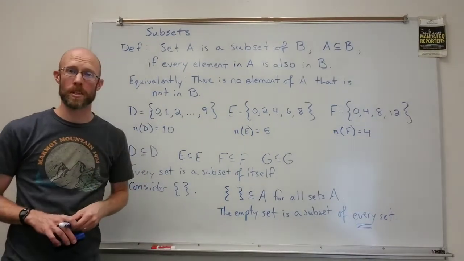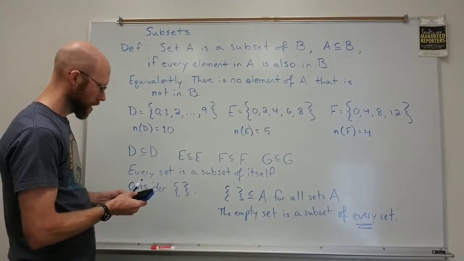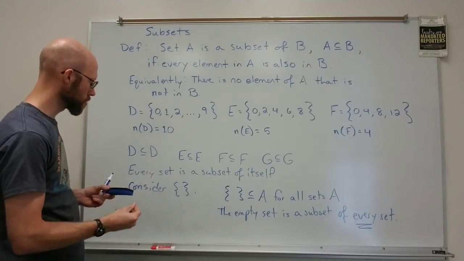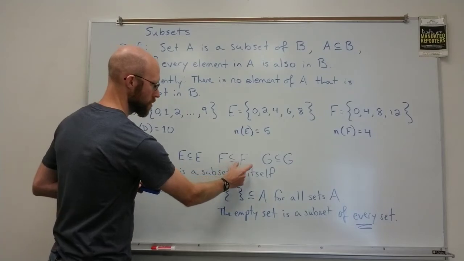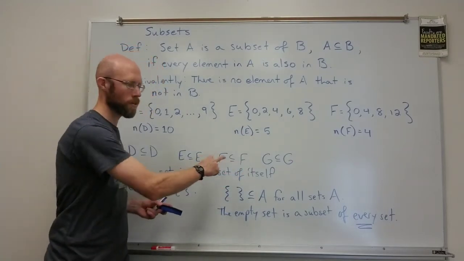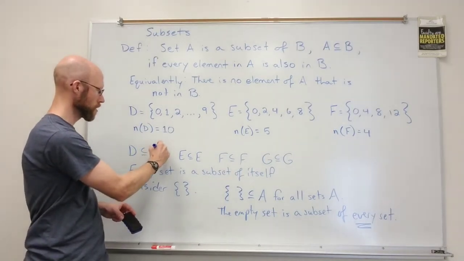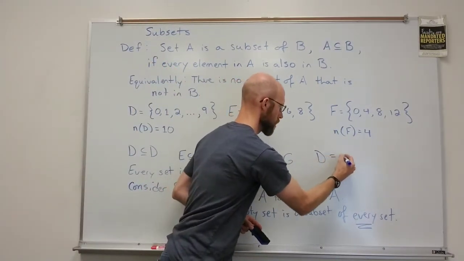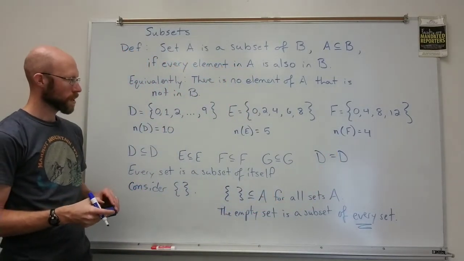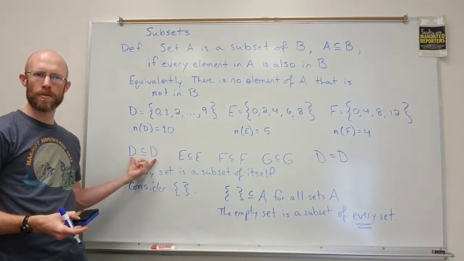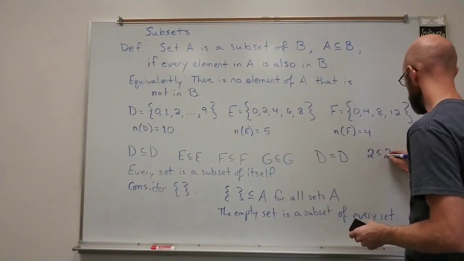Now there is another definition I want to talk about, and that is a proper subset. Honestly, it's kind of weird to always consider the set itself because these are equal sets, right? So D is not only a subset of D, but it's equal to D. It seems a little weird to write it this way. It's kind of like saying the number 2 is less than or equal to 2.